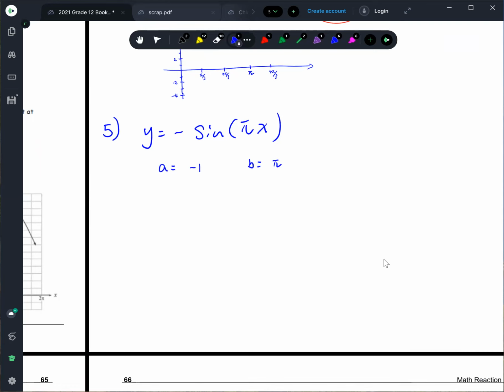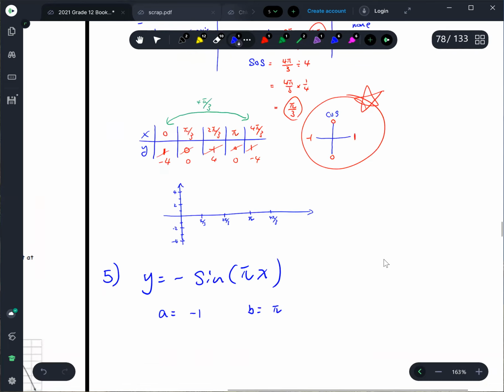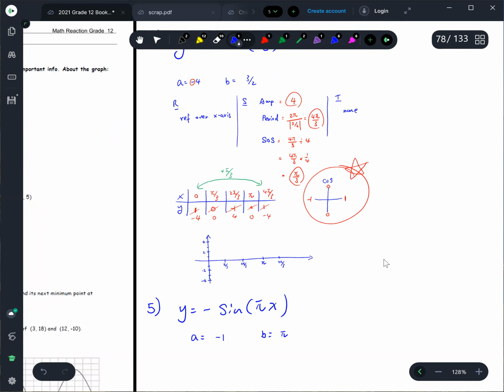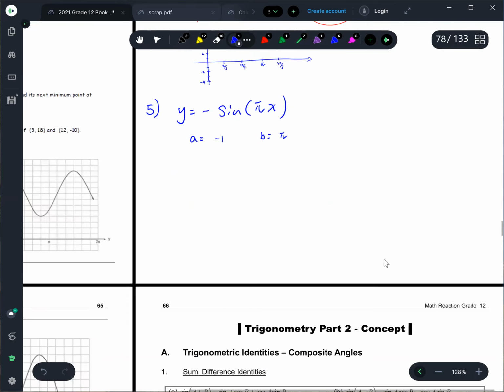Okay, and Claire, what do we do next? After we found the A and B, what's the next thing we need to do? We find the reflection. What's the reflection?